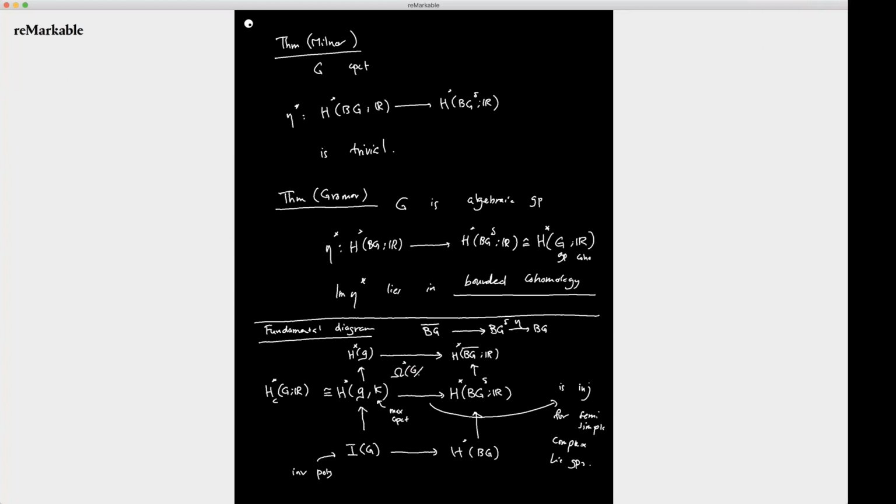No, you could think of it as invariant forms on G mod K. Yes, okay, thank you. That's a different way. But yes, there is an adjoint representation. You can consider invariant cochains that way.